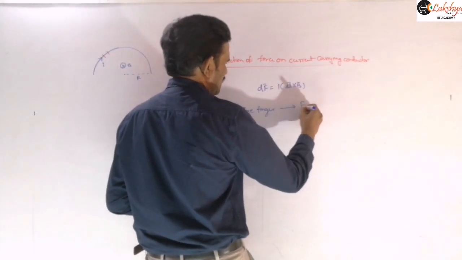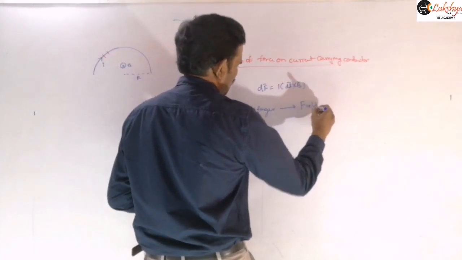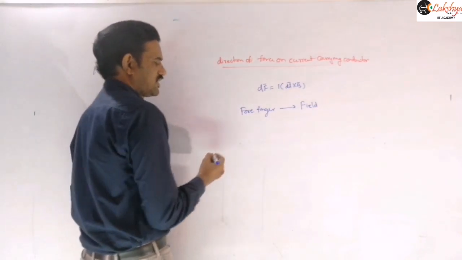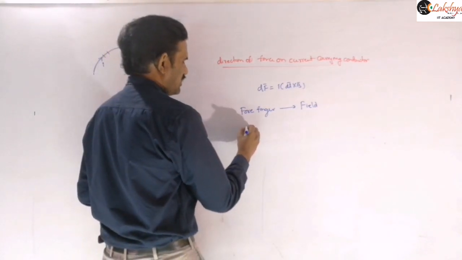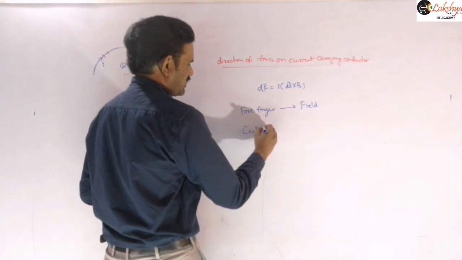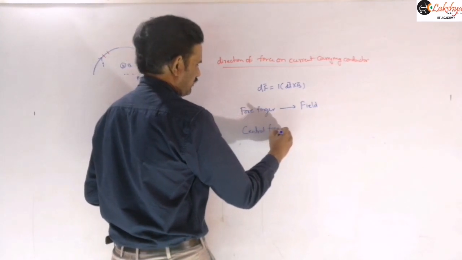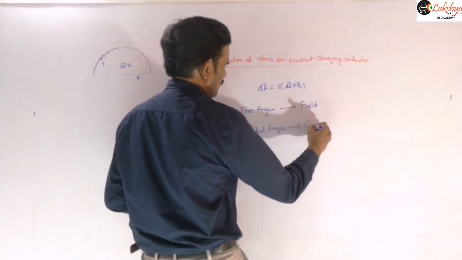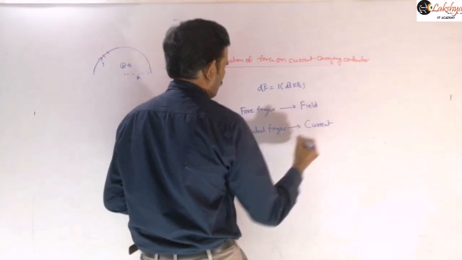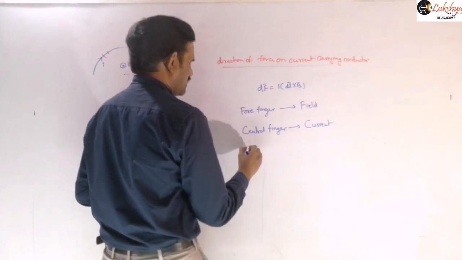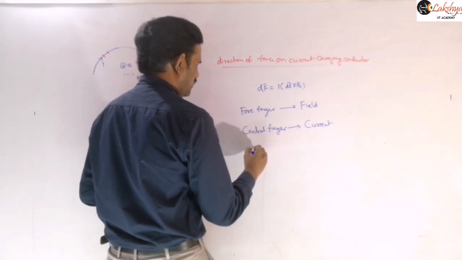In Fleming's left hand rule, as we already mentioned, the forefinger indicates the field, the central finger indicates current, and then the thumb indicates the direction of the force.